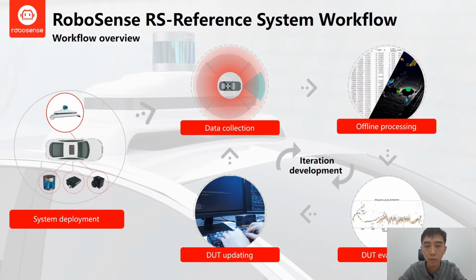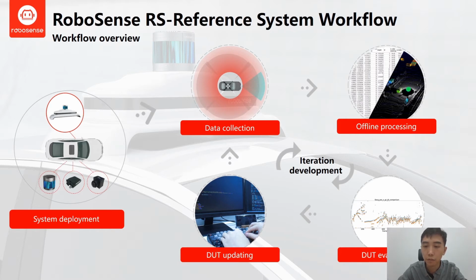We run the test vehicle on real roads to collect data from our reference system and the data from the DUT. Then we transfer all the collected data to the offline server, and on the server, all the data is processed offline.